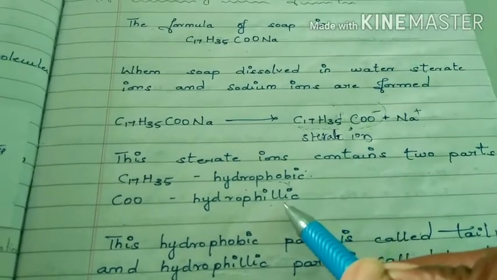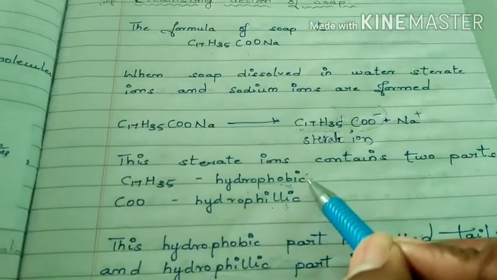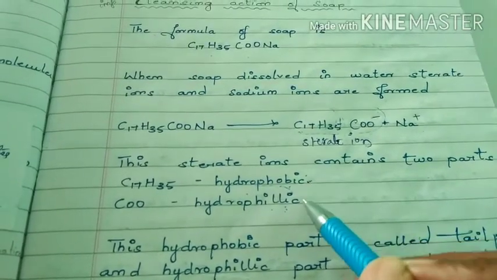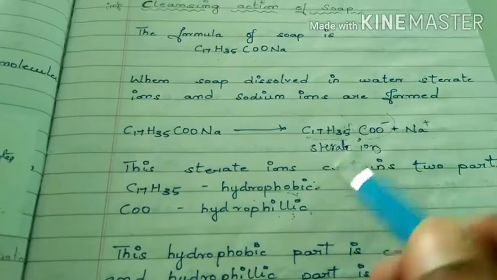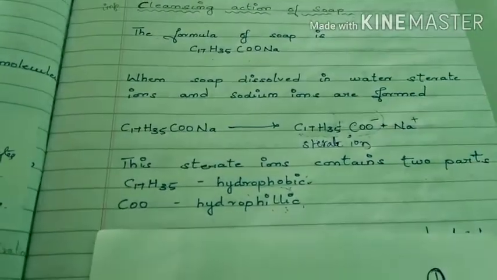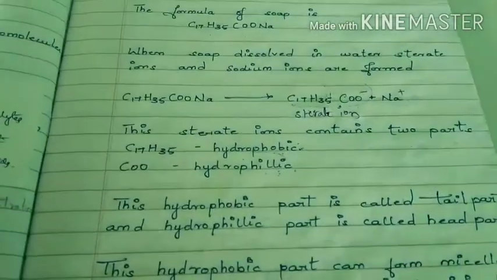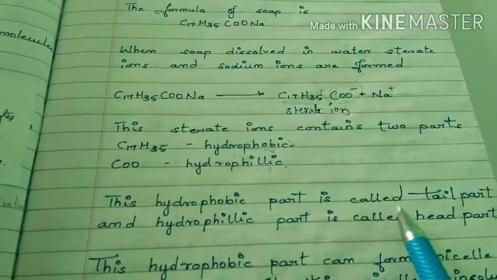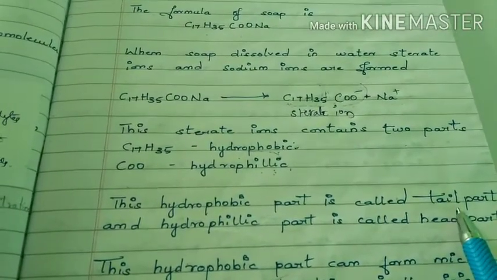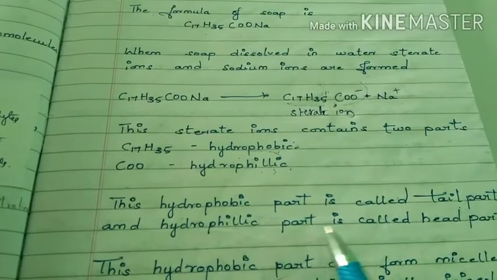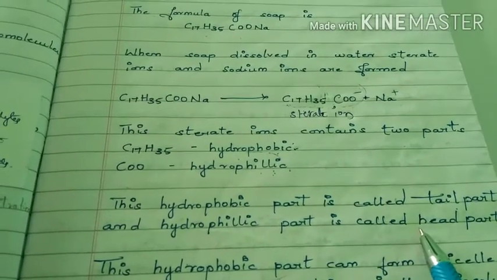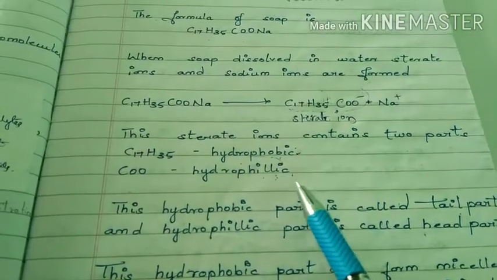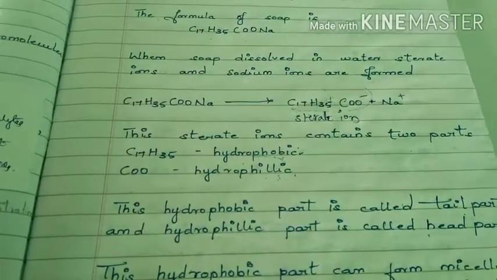Affinity means attraction towards water, but the hydrophobic part does not have affinity towards water. Now this hydrophobic part is called the tail part, and the hydrophilic part is called the head part.